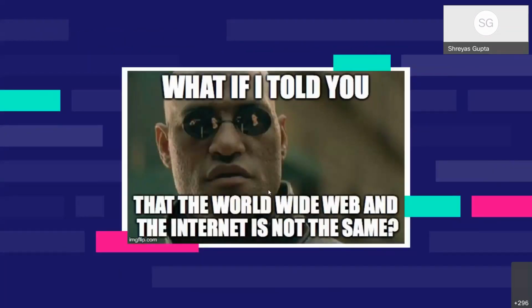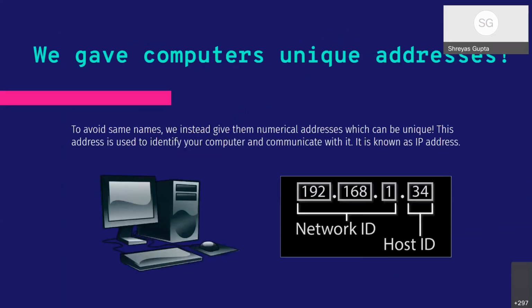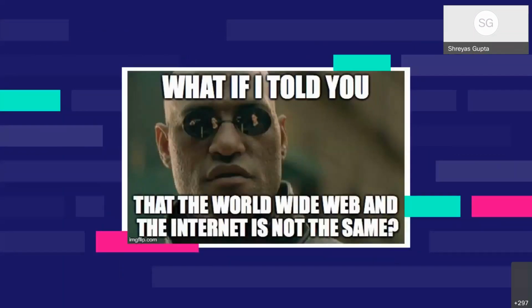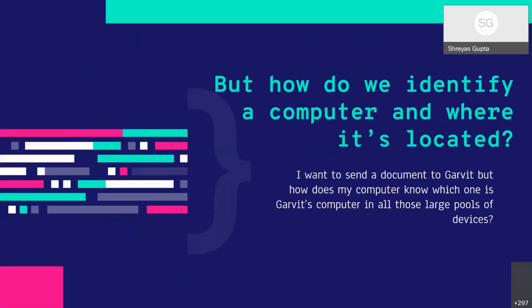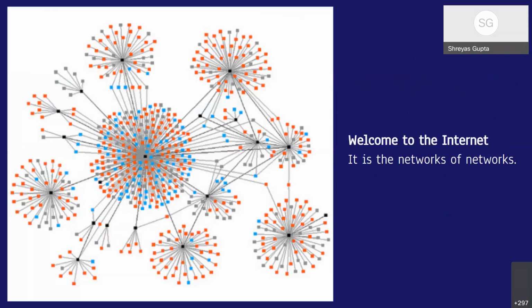But what if I told you that the internet and the web are not the same thing? That may come as a surprise to some people. Some people might know it, but the internet and the web are not the same thing. What we learned was that the internet is just the network of networks, a connection between all the computers.